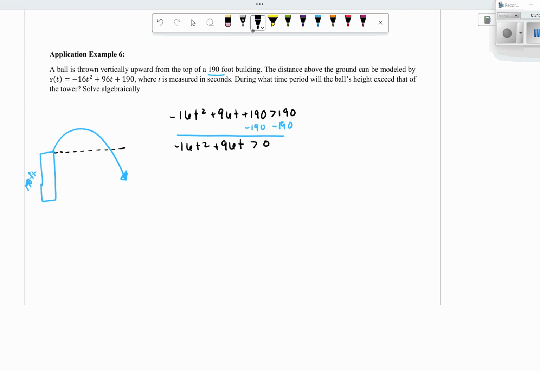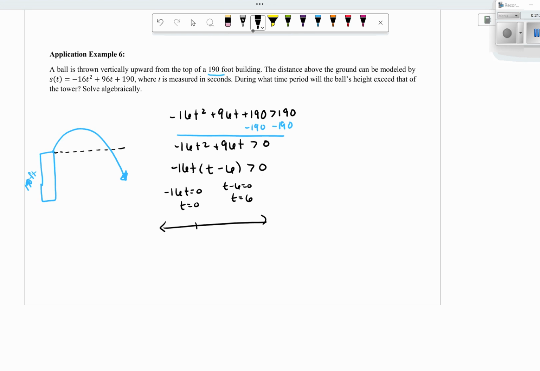And then we can factor out our greatest common factor, which is the negative 16t. So then that would give us t minus 6. So then negative 16t, set that equal to 0 to solve. So you get t equals 0 and t minus 6 equals 0. So t equals 6.